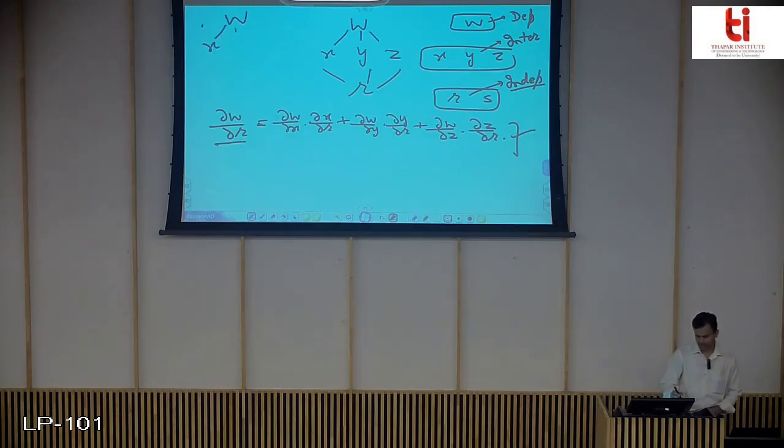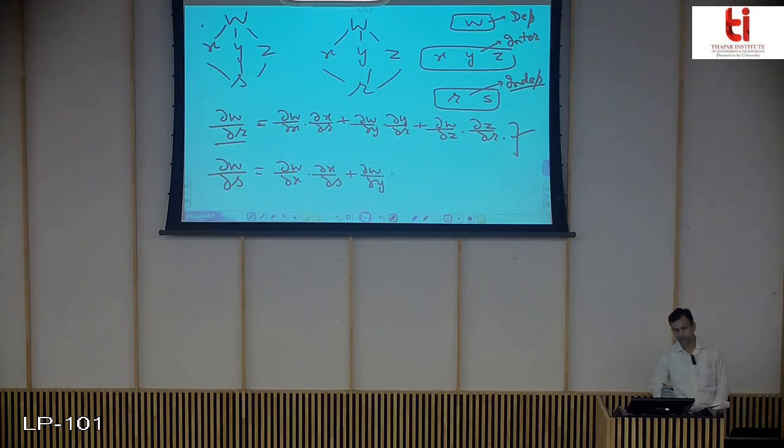And if I have to find the partial derivative with respect to s, it is the same formula, just in place of r you put s: del w by del x, del x by del s, del w by del y, and I am writing it not from remembering, I am just looking at the tree diagram and then writing it. So del w by del y, del y by del s, del w by del z, and del z by del s. So this is how the tree diagram helps you to find the chain rule formula.